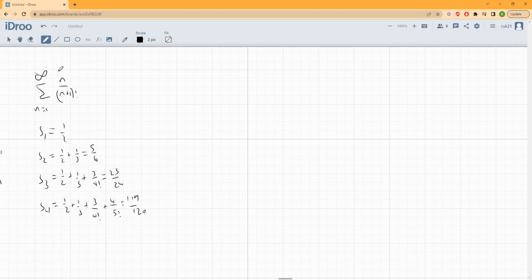The pattern that you might have noticed is that Sn is equal to (n factorial minus 1) over n factorial. There's another way to write that, which is equal to 1 minus 1 over (n plus 1) factorial.